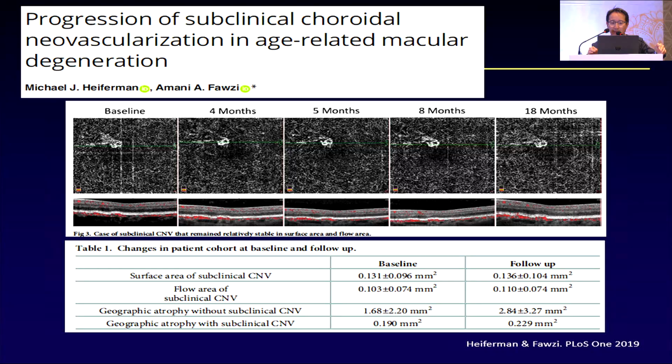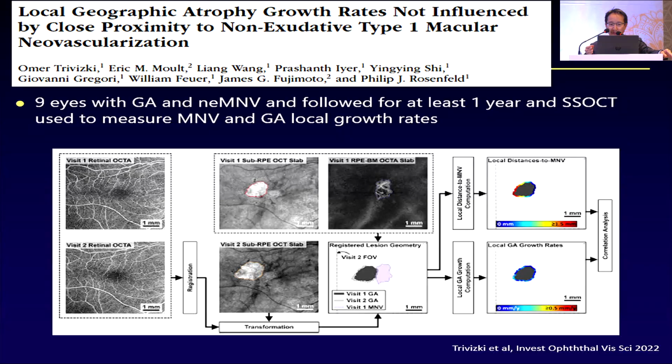There are some good papers. For example, there's a very nice paper from Amani Fawzi's group. They looked at the progression of subclinical or non-exudative CNV at baseline, followed these patients, and compared the rate of GA growth with or without subclinical CNV. Patients without the subclinical CNV actually had somewhat faster progression of GA. But a few years down the road, Phil Rosenfeld did another study.